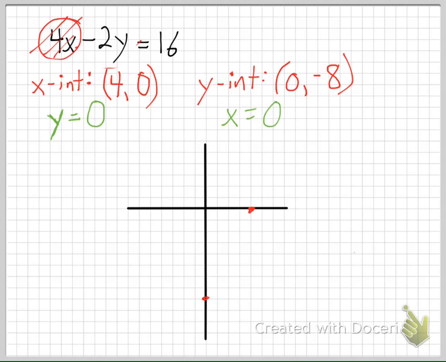Compared to infinity, a million is tiny. It has an infinite number of solutions. How many solutions do I have right now? I just have 2. You cannot graph 2 points and tell me this is the solution to this linear equation because it's not even close. It's 2 out of infinity solutions.